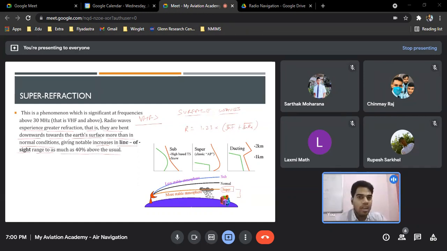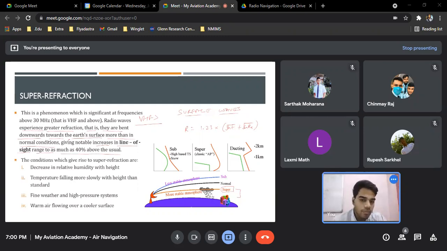You must be wondering, how does this happen? It happens in these conditions: a decrease in relative humidity with height, temperature falling more slowly with height than standard, fine weather in high pressure systems, and warm air flowing over a cool surface.